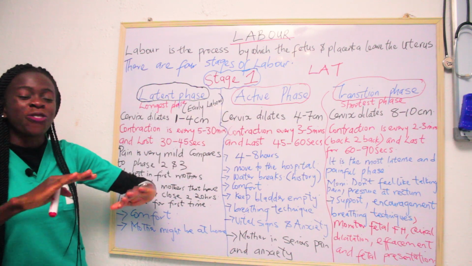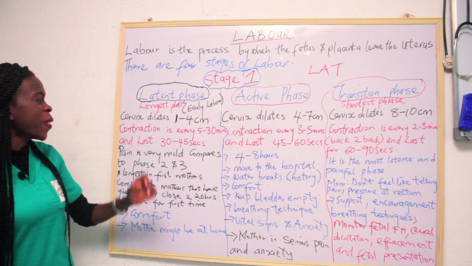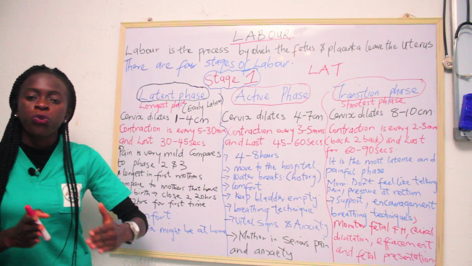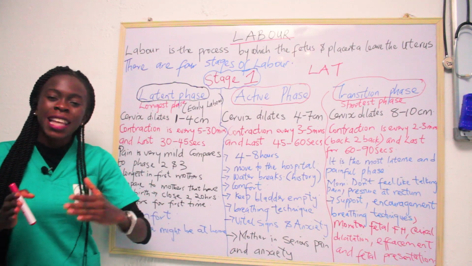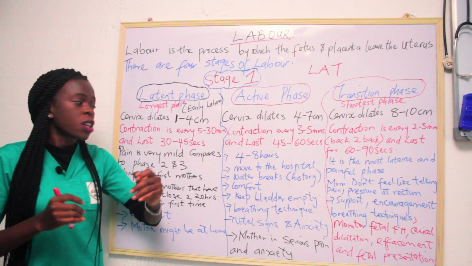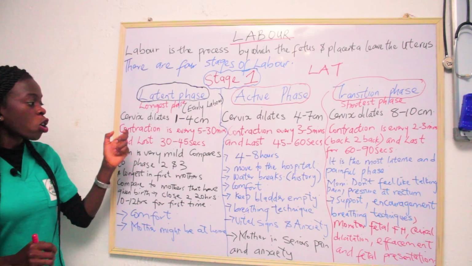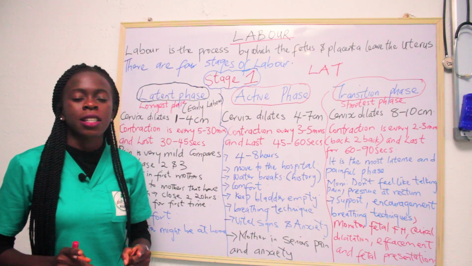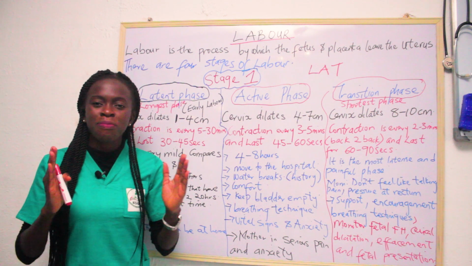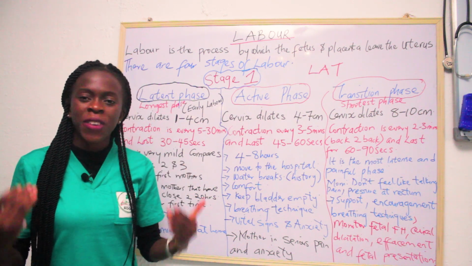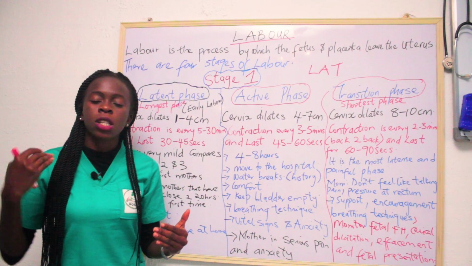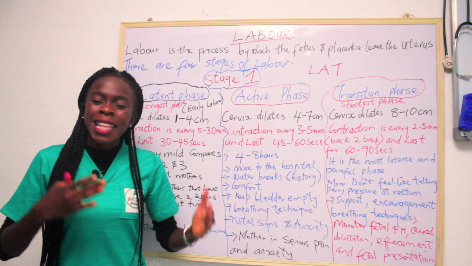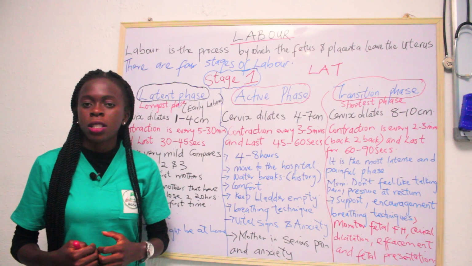It begins at the very beginning. In the latent phase, the cervix dilates between 1 to 4 centimeters. Contractions come every 5 to 30 minutes, and each contraction lasts for 30 to 45 seconds.